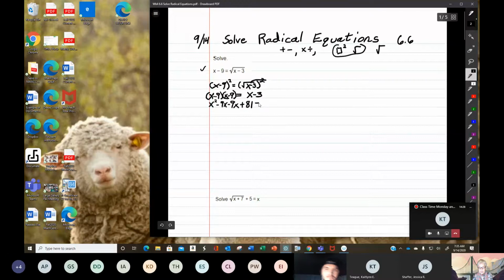Bring down my equal sign, and then I'll have x minus 3. So, on the left, I'll gather my like terms together. If I subtract 9x and subtract another 9x, I've subtracted 18x, yeah. And then plus 81 equals x minus 3.